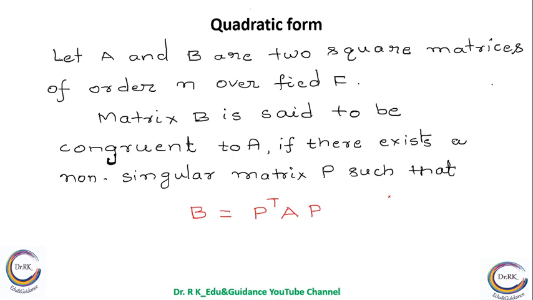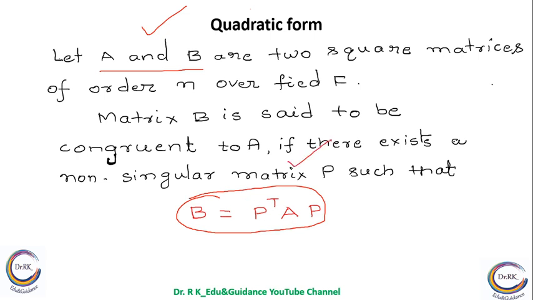So congruence of matrices, this is also a recap kind of thing. Let us consider two square matrices of order n. Let A and B be two square matrices of order n, such that B equals P transpose AP, where P is a non-singular matrix, right?